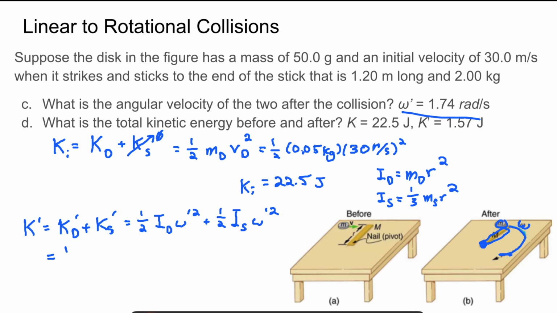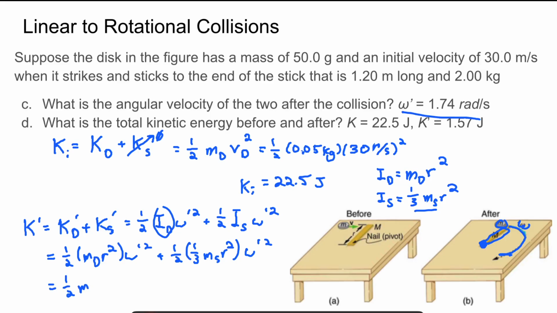So we plug those all in. We get 1/2 times the moment of inertia for the disk, which is m_d r squared, times the final angular velocity squared, plus 1/2 times the moment of inertia for the stick, which is 1/3 m_s r squared, times the final angular velocity squared.